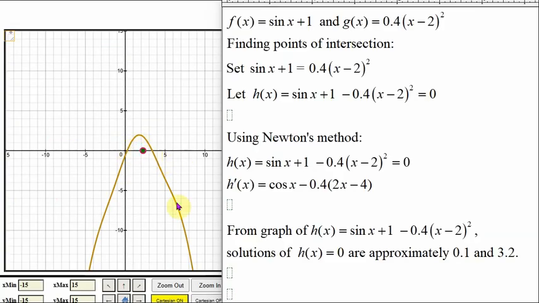And here's the graph of h of x. So this is the graph for sine of x plus 1 minus 0.4(x minus 2) squared. We can see that the x-intercepts look like they're about 0.2 and 3.2 by just looking at it. To get this x-intercept right here, we can use Newton's method, and to get this x-intercept here, also Newton's method.